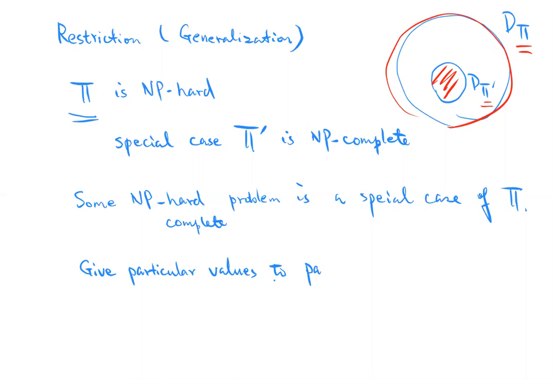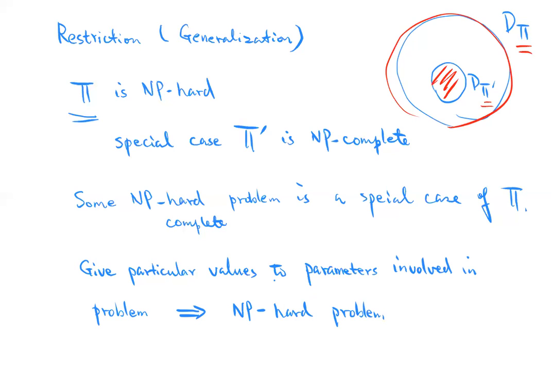All right, so by giving particular values to parameters involved in problems, we get an NP-complete or NP-hard problem. So that's how it works. So let me give examples and you will see how it works. In practice, very simple.